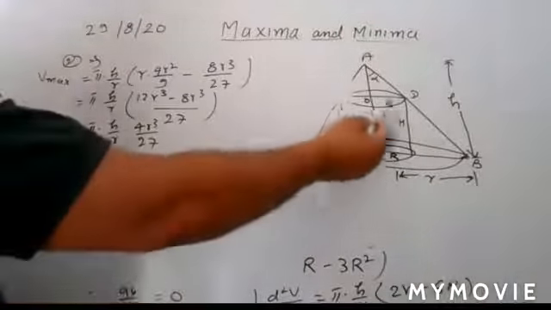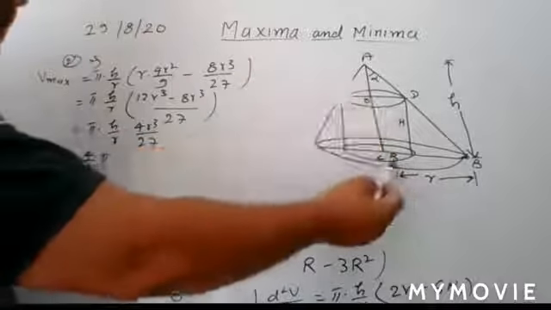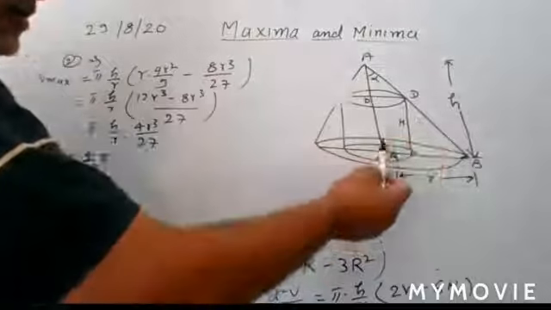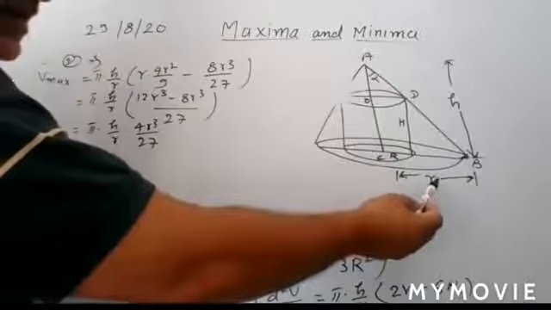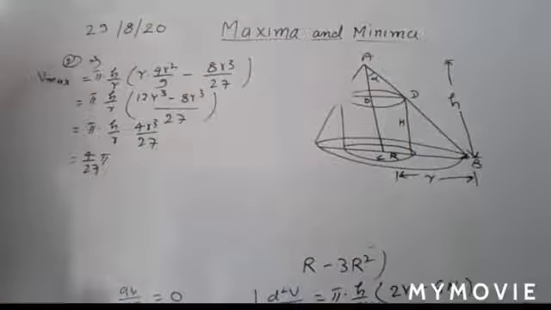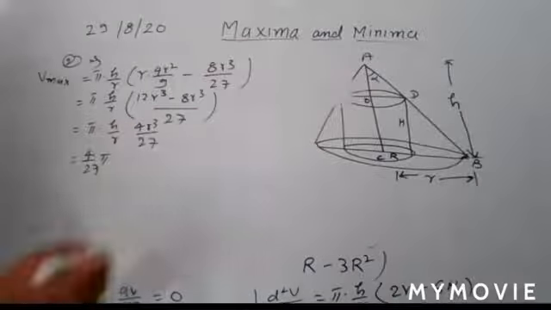Now just see this figure: in triangle ABC, here you have h and this one is r. So r upon h is equal to tan alpha, from triangle ABC.